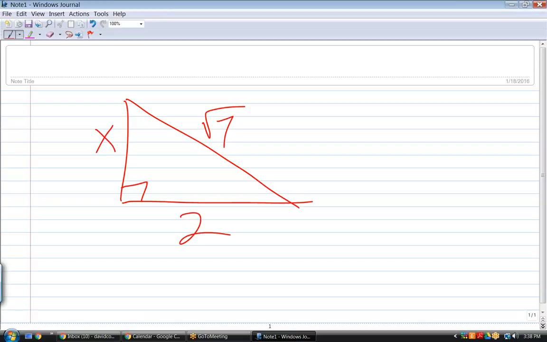Solve for x. Is this a 30-60 or a 45-45? No, it's not one of the special triangles. This is just a normal right triangle where you have two of the three sides.